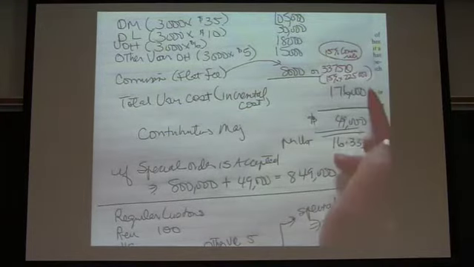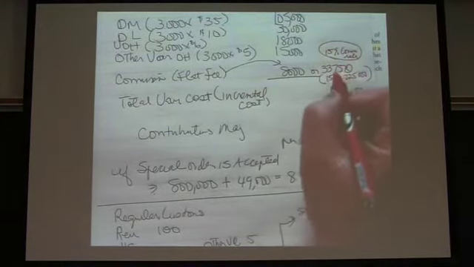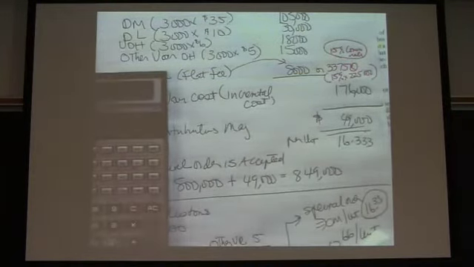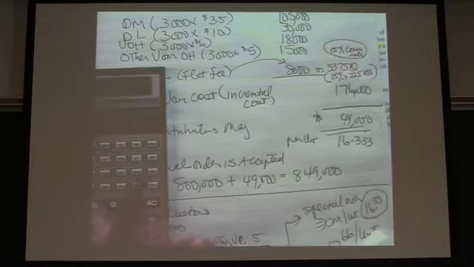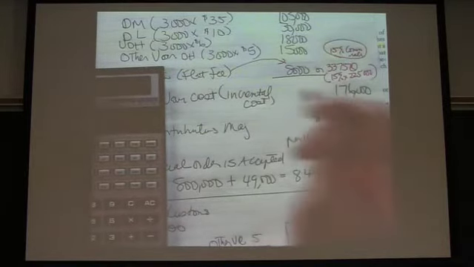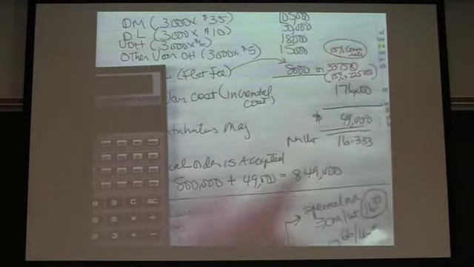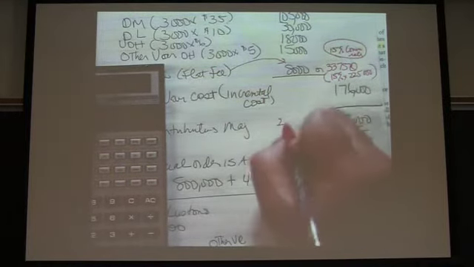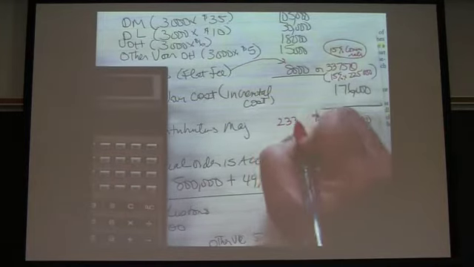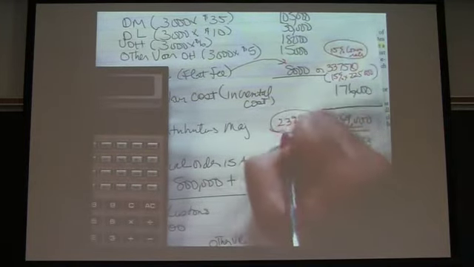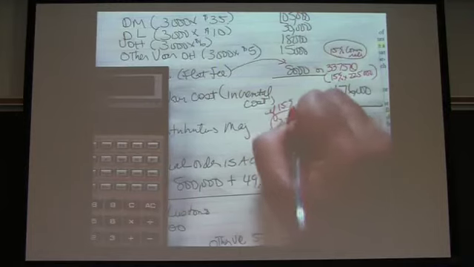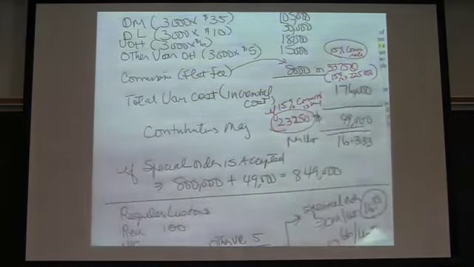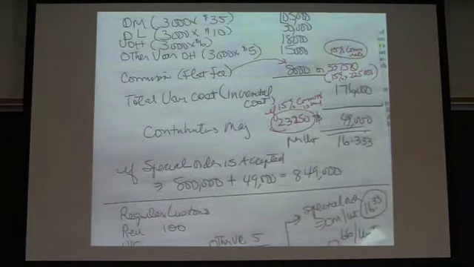This is higher, isn't it? 33,750 minus 8,000 is 25,750 less. So this will be 23,250 if the 15% commission is used.